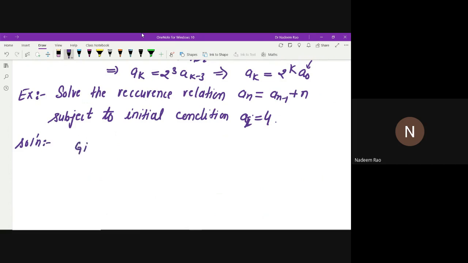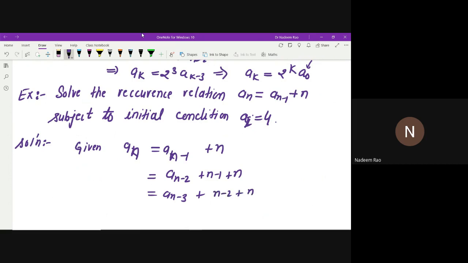given a_n equals a_(n-1) plus n. Similarly, it will be written as a_(n-2) plus (n-1) plus n, and then a_(n-3) plus (n-2) plus (n-1) plus n.